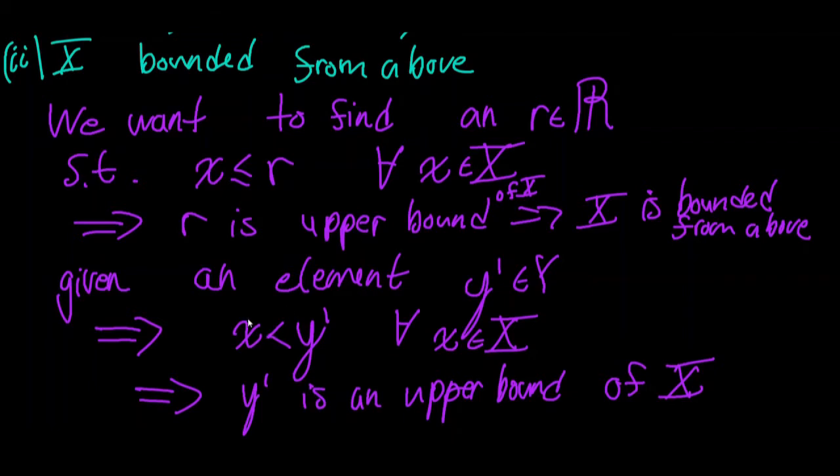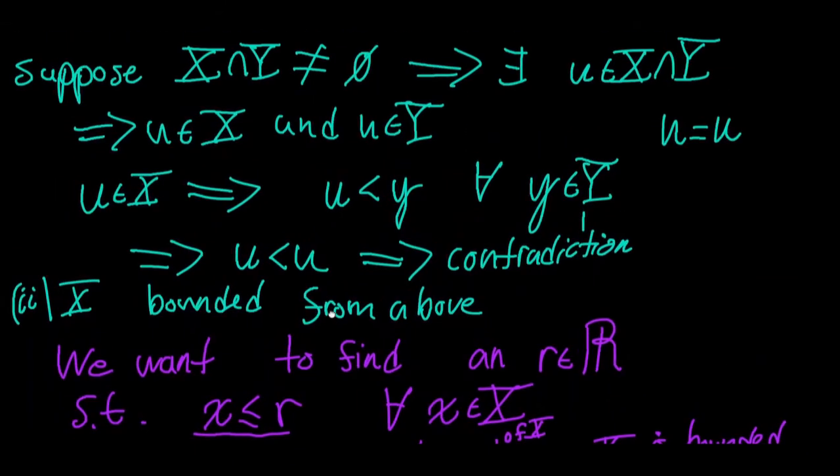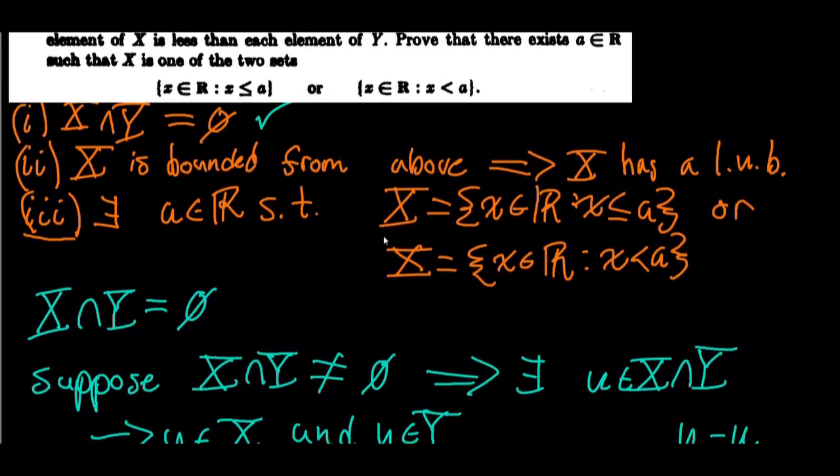The reason we can say this is that if we can find an element in the real numbers such that all x in the set are less than or equal to r, and in our case we have strictly less than, that's fine. That still satisfies this property. So we've proven that x is bounded from above, and therefore x has a least upper bound.